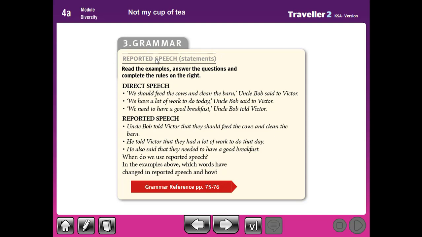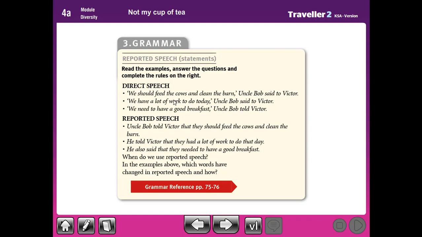What does reported speech mean? Reported speech, or indirect speech as some people call it, is a speech which tells you what someone said but without using his actual words. Or we can define it as a description of what someone has said without using the exact words used by this person.